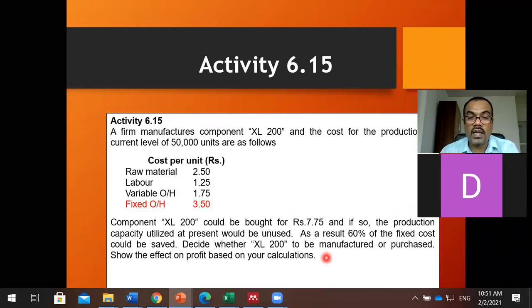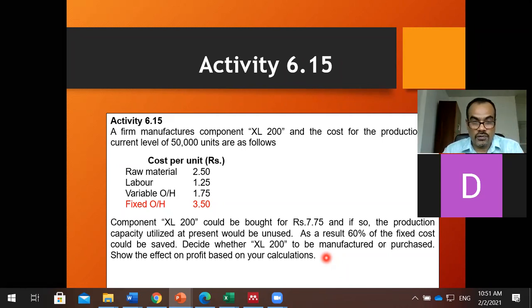Decide whether LXL 200 is to be manufactured or produced. So quickly look at it from the financial point of view. The firm manufactures this at the current level of 50,000 as follows, and 60% of the fixed cost can be saved.